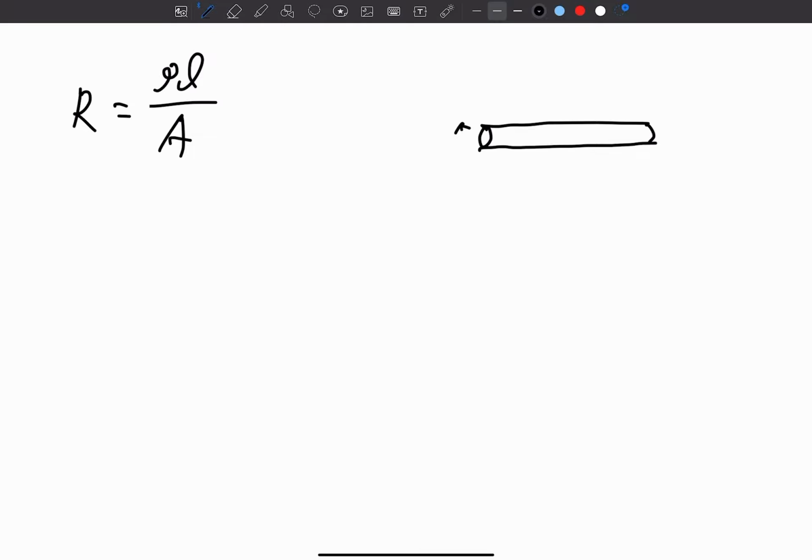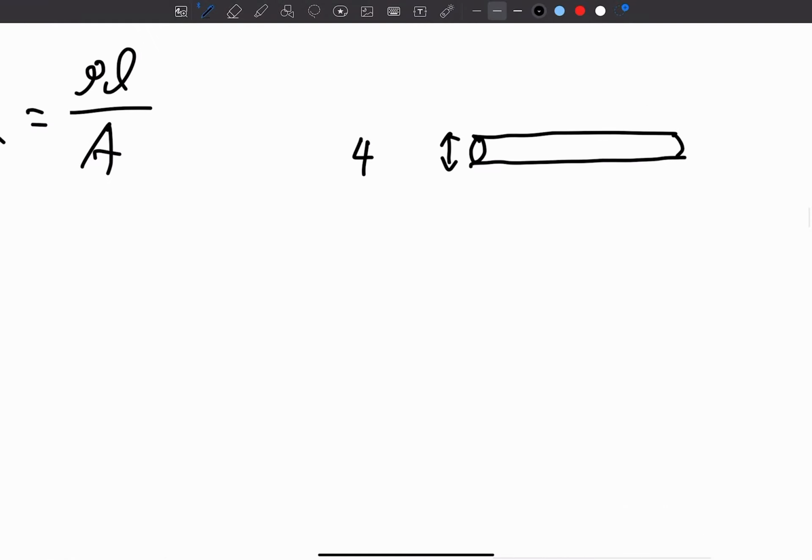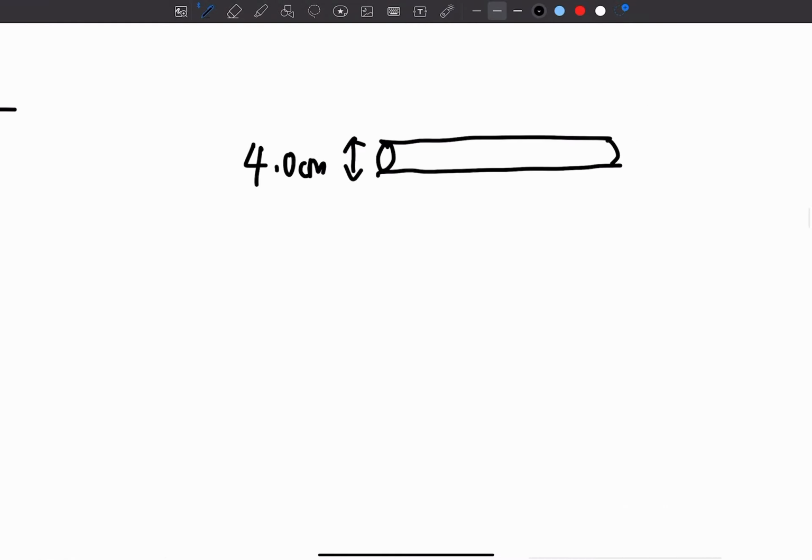This solenoid has a diameter of 4 centimeters. And the coil is wrapped around and around. Of course, much tighter to each other, but for illustration purposes, I will spread them out so it's easier to see. Okay, and it wraps around 520 times.